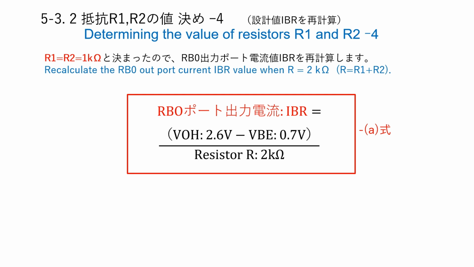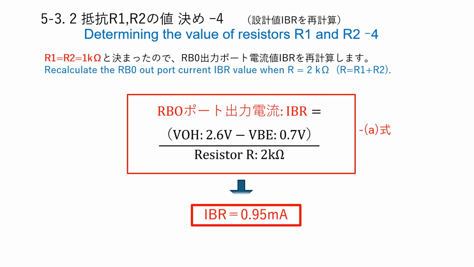Base emitter saturation voltage VBE 0.7 volt. Resistor R 2 kilo ohm. To calculate the PB0 output port current IBR, IBR equals 0.95 mA. This is the design value of the IBR. Next, I will explain the pull-down resistor R7 for noise suppression.